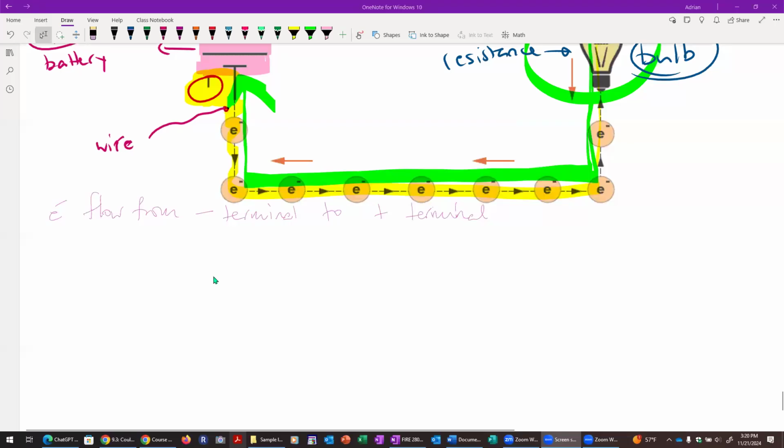So we can take a look at a very simple example of this. Let's say a circuit has a 12-volt battery in it and a resistor of 4 ohms.